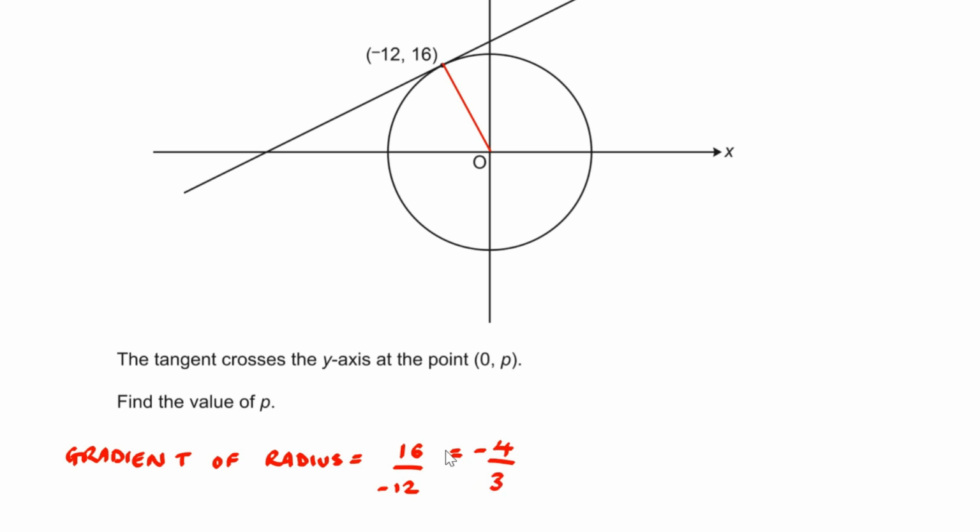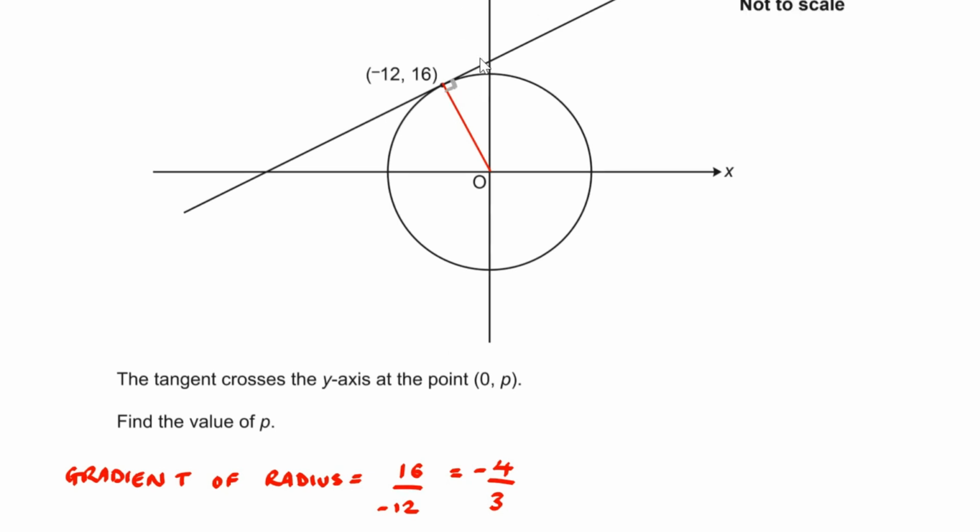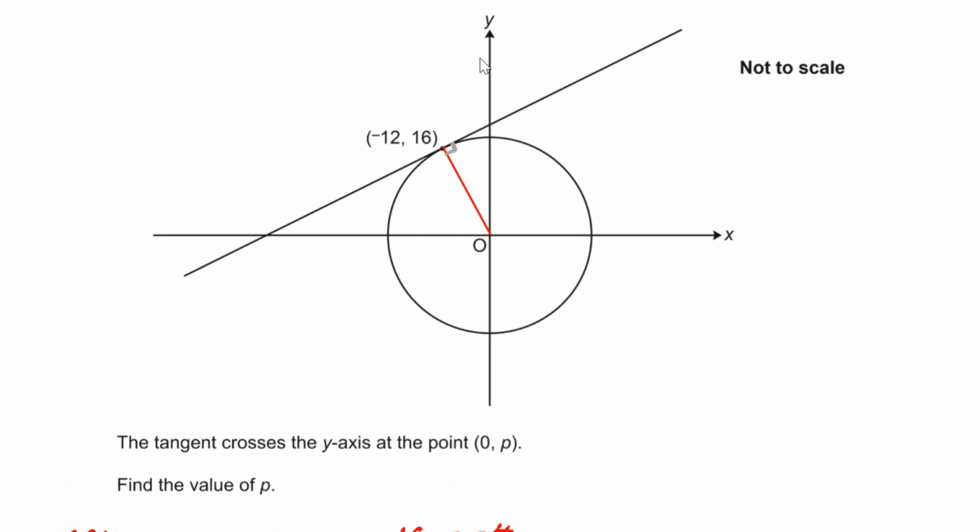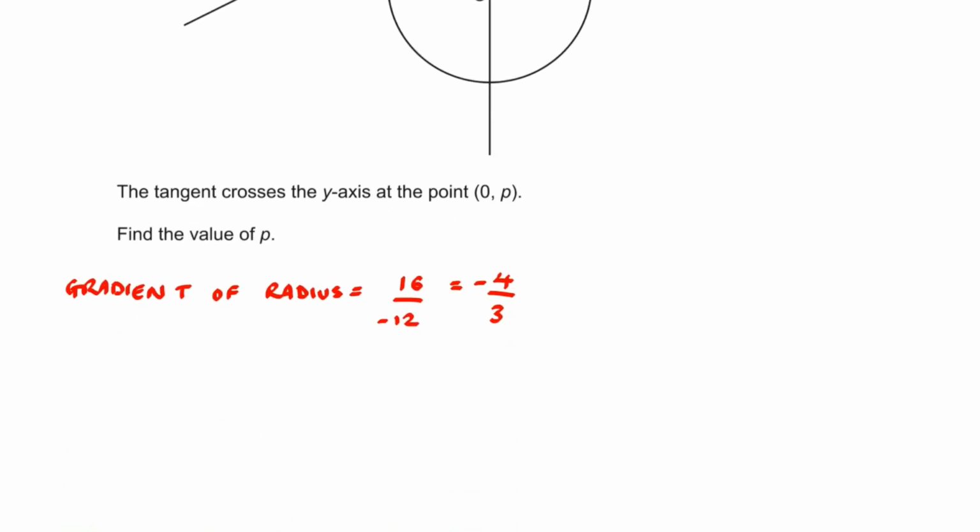So we've got -4/3 for the gradient of the radius, and recognizing that the radius and the tangent are perpendicular to each other, we can therefore conclude that the gradient of the tangent is equal to the negative reciprocal of -4/3, which is 3/4.